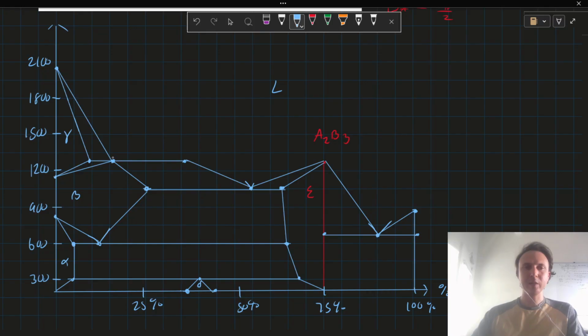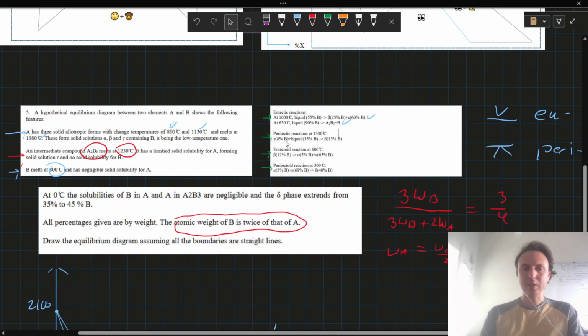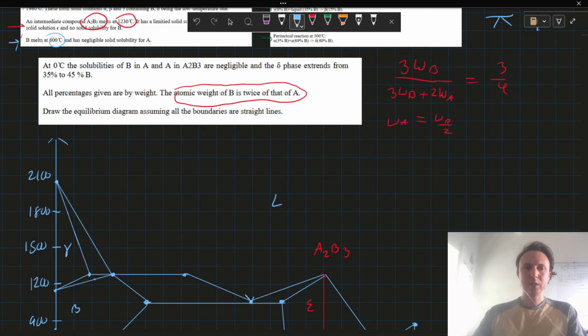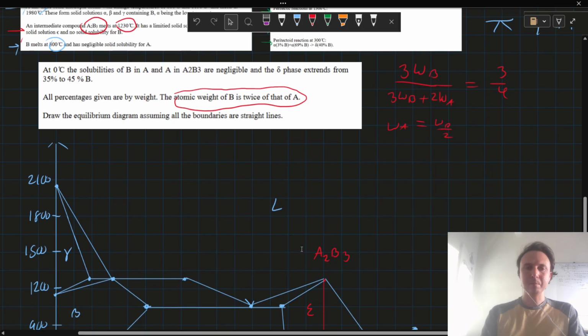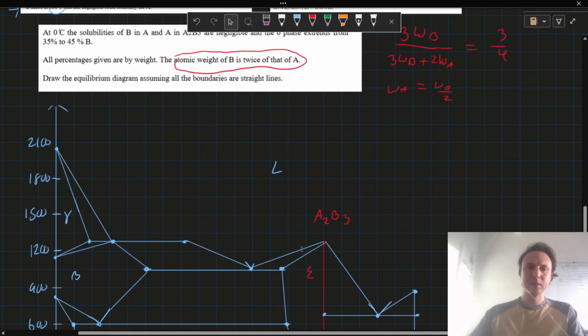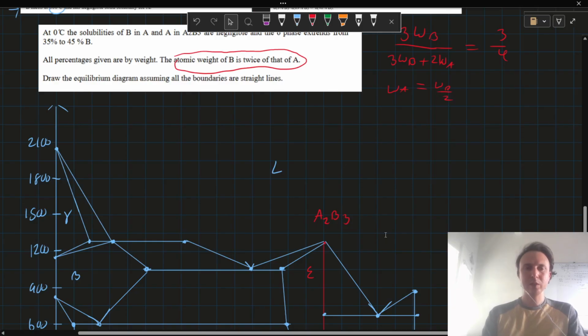So this is our peritectic point, and it goes from gamma plus liquid to beta. So gamma at 8% should be over here more. That's fine. This is gamma plus liquid to beta. Yes. So go through right here, through the peritectic point, goes from gamma plus liquid to beta. Okay. Good.